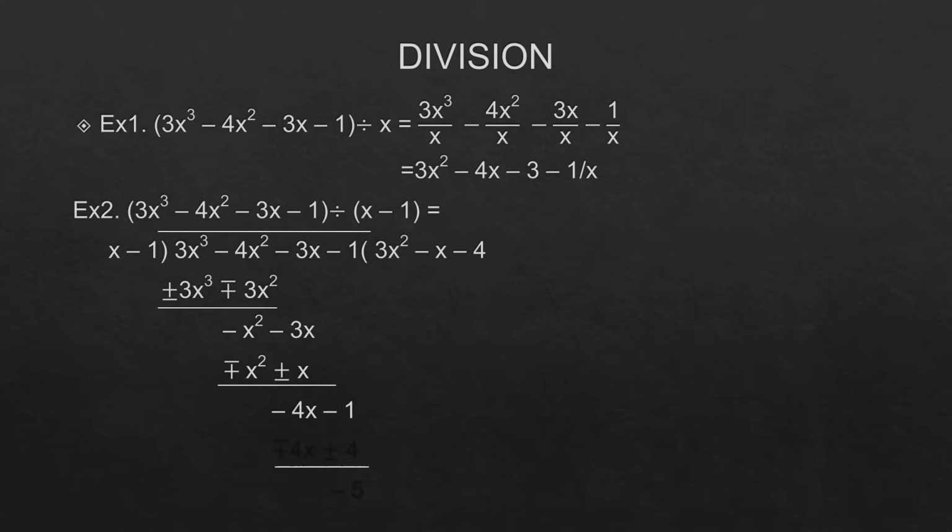Minus 1 we are taking from the top. Now since the first term is minus 4x, we are supposed to multiply the divisor by minus 4, so it becomes minus 4x plus 4, and after changing the sign we get a remainder of minus 5.